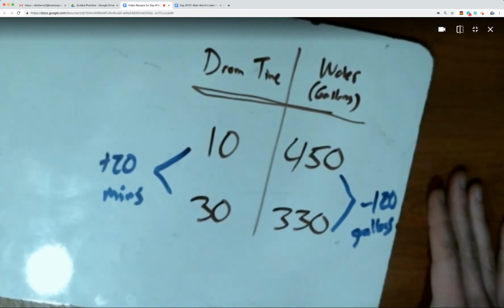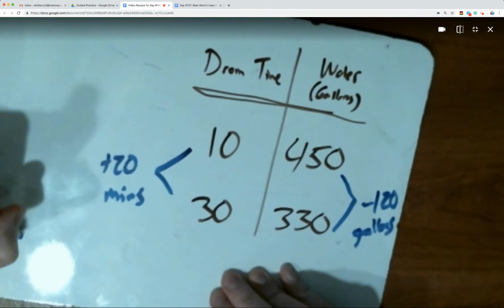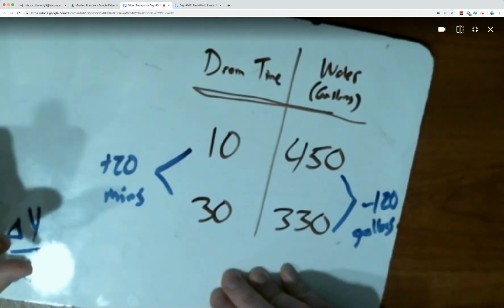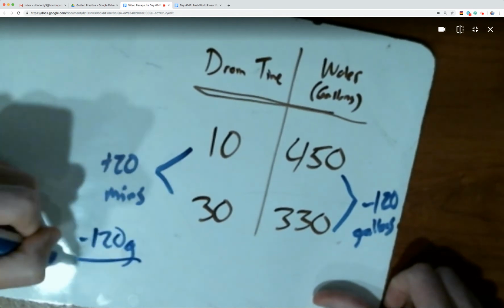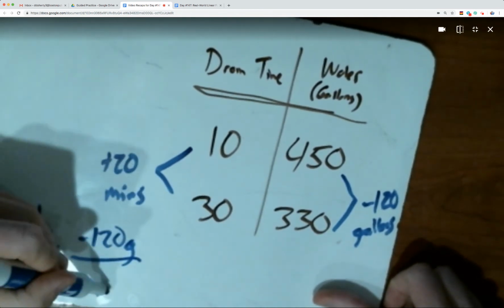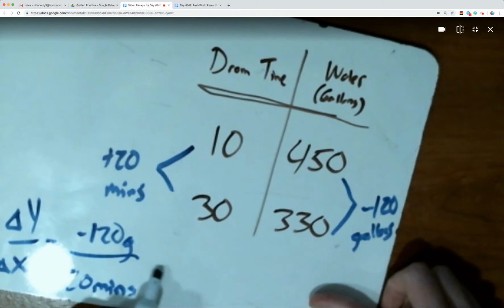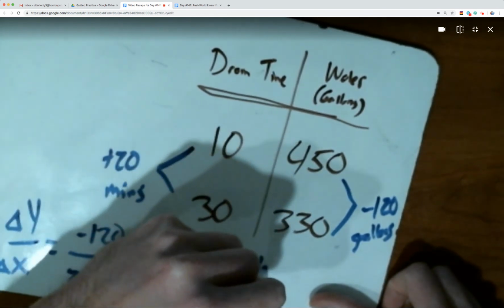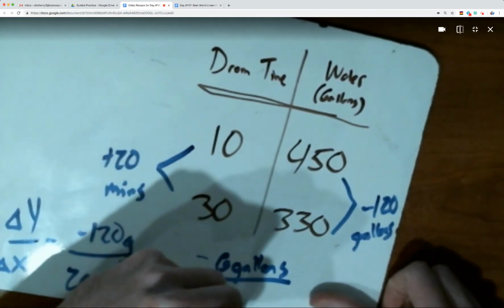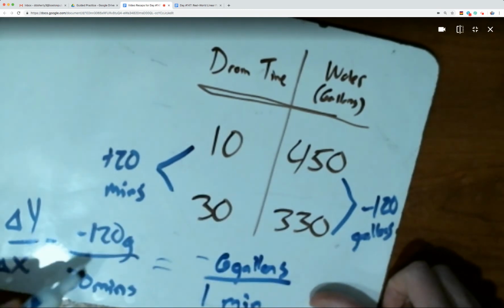So if we're thinking about slope, our rate of change here, we have lost 120 gallons, and it took us 20 minutes to do that. We could simplify that ratio. 120 divided by 20 tells us that at the end of the day, we're losing 6 gallons every 1 minute. 12 divided by 2 is 6, so 120 divided by 20 is also going to be 6 over 1.